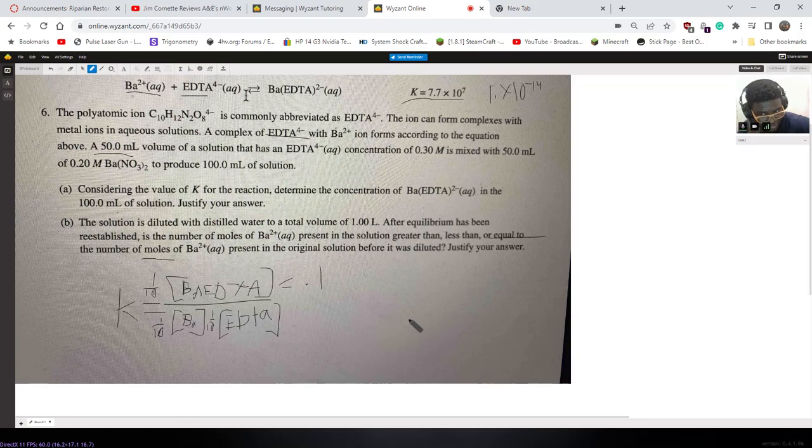You're reducing the concentration by dilution, but you're not changing the amount of moles. The moles never change. The volume is the only thing that changes when you do dilution.